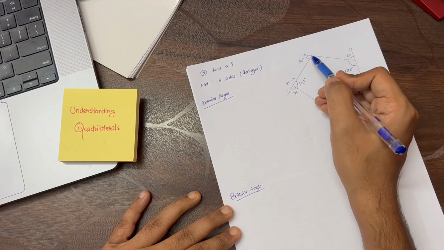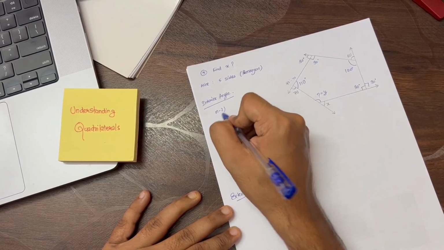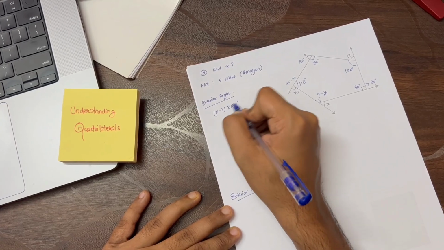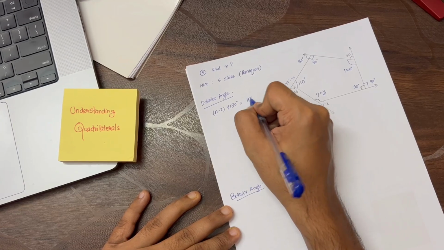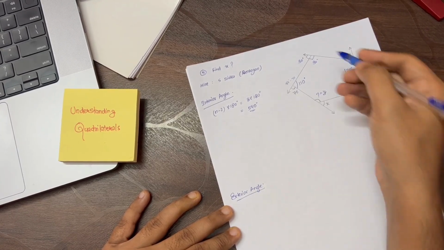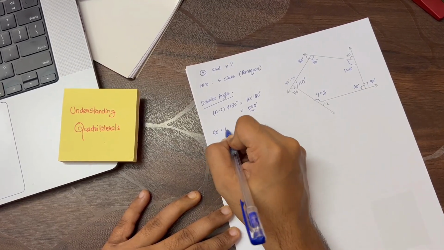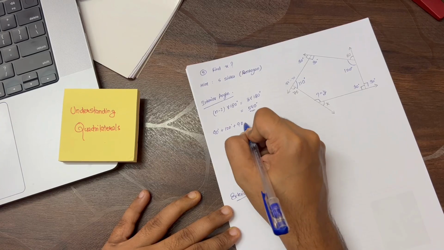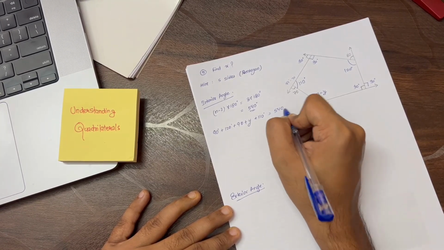In the pentagon, the sum of all the interior angles is (n minus 2) into 180, and n is 5, so 5 minus 2 is 3, 3 into 180, therefore 540 is the sum of all the interior angles. So we have 90 plus 120 plus 90 plus y plus 110 equal to 540.